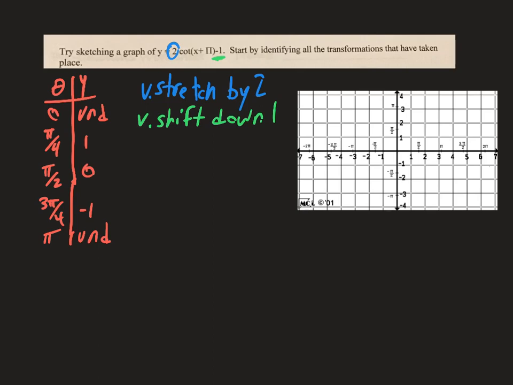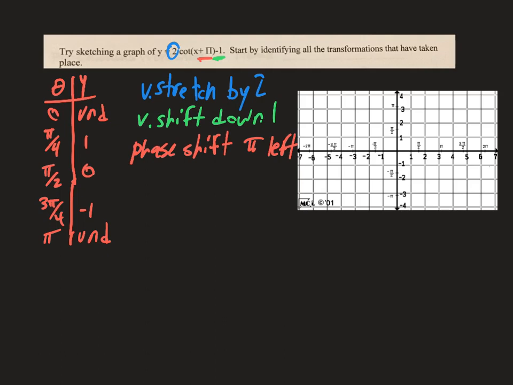And finally, we've got that plus pi on the inside. And I know it looks really funky, but it is just saying plus pi. And that is going to end up being a horizontal or a phase shift. And I'm going to say it is pi to the left. Okay. Awesome. So we have 3 transformations on here.